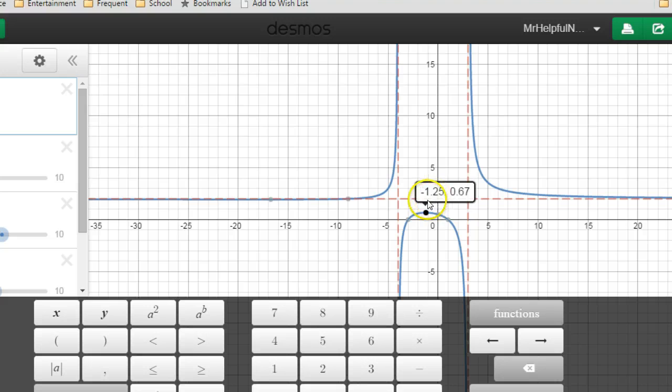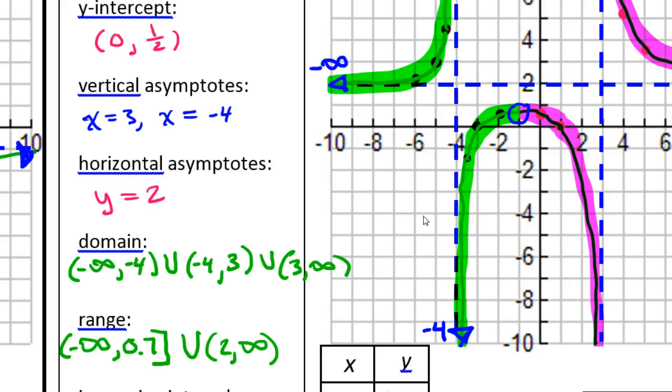Now I'm going to cheat again and look at Desmos and see that it is exactly negative 1.25 is the high point here. So I'm going to use that because it's the true x value. Okay, so negative 1.25.